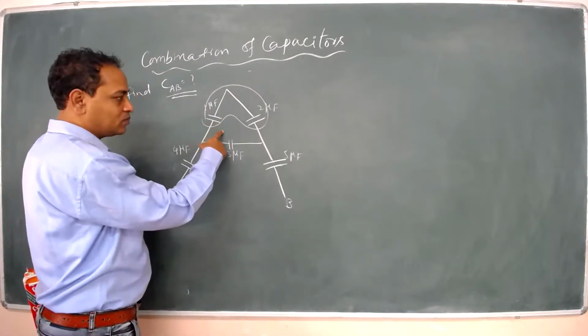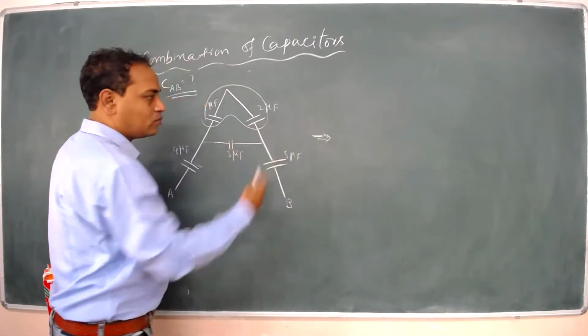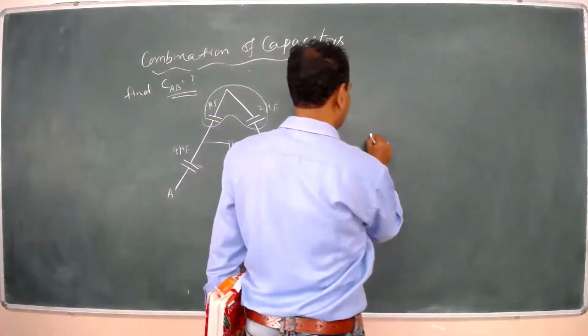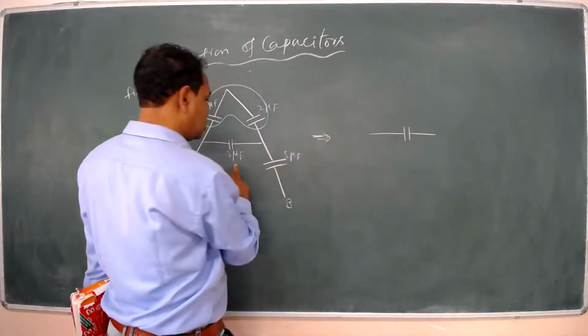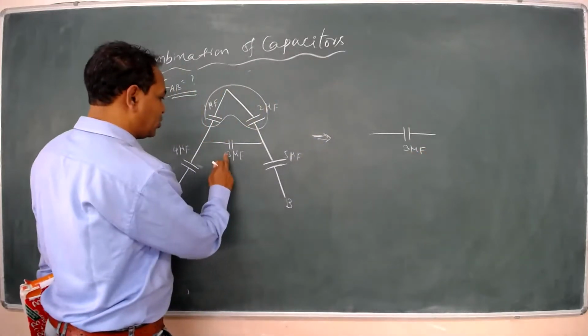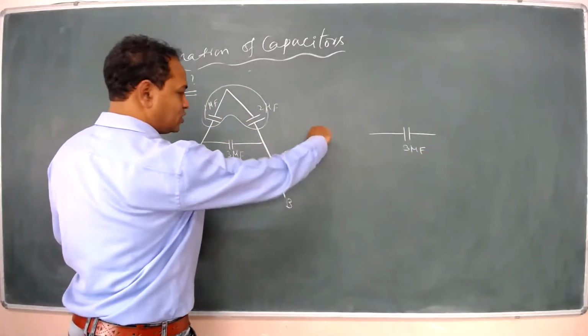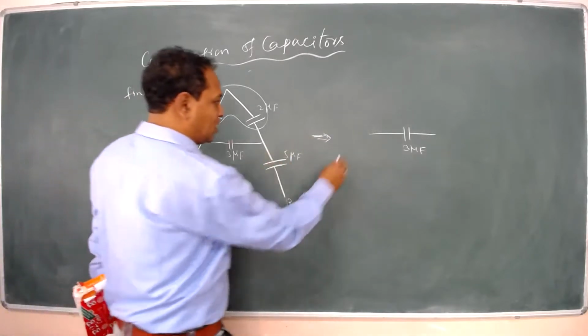These two are in series. That means this diagram I will draw like this also. This is 3 microfarad. If I pull this one to that side and bring this one to this side, then it can be written like this.